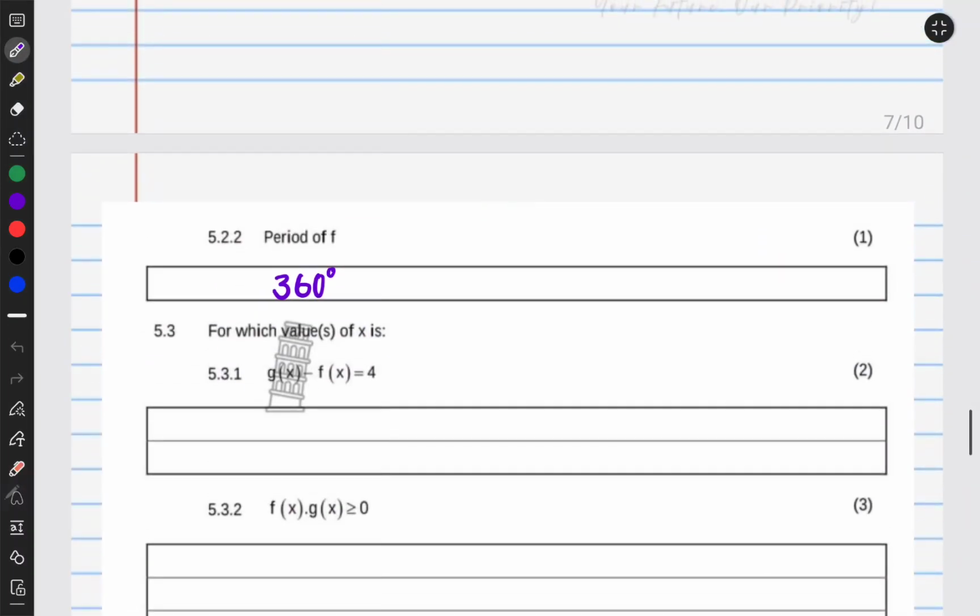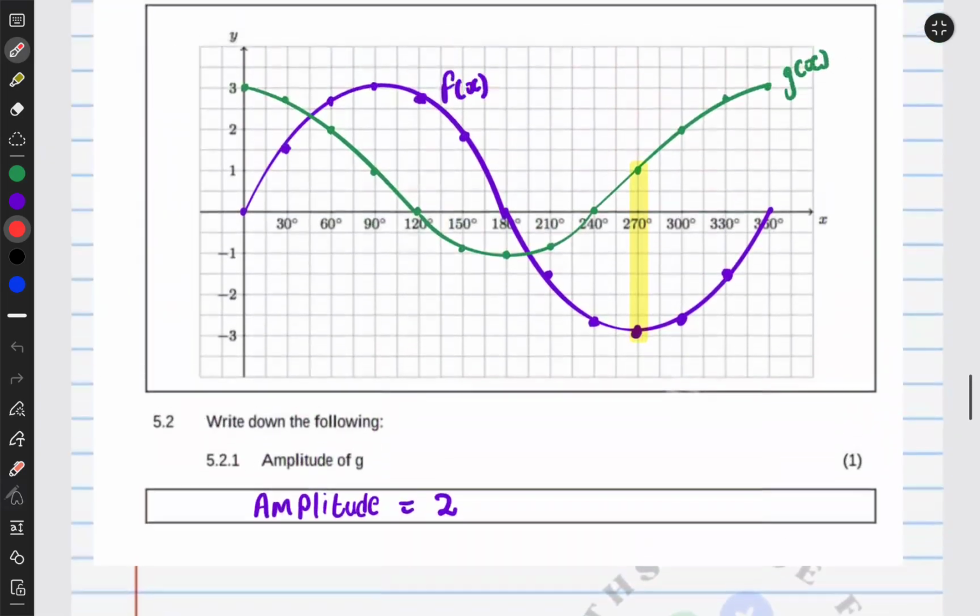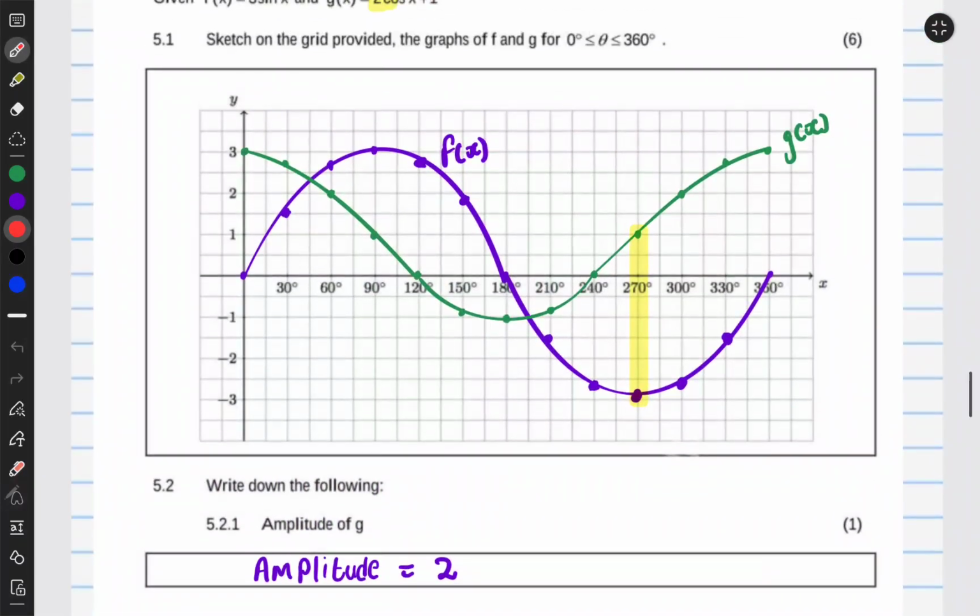So let's come here, where x is equal to 270 degrees. That is where g at x minus f at x will be equal to 4.